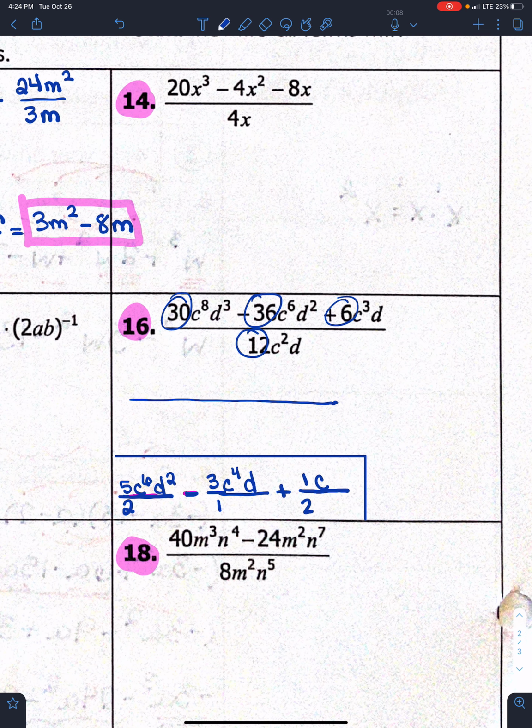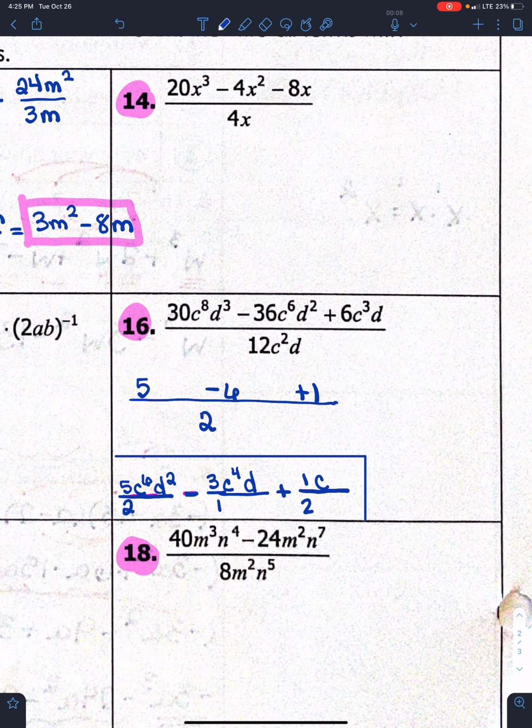Well, they can all be reduced by 6. 30 divided by 6 is 5. Negative 36 divided by 6 is negative 6. 6 divided by 6 is positive 1. 12 divided by 6 is 2.